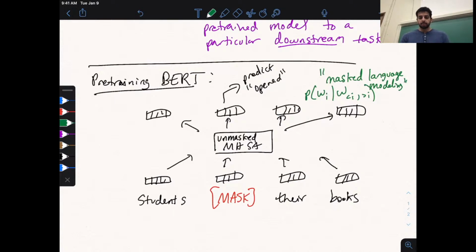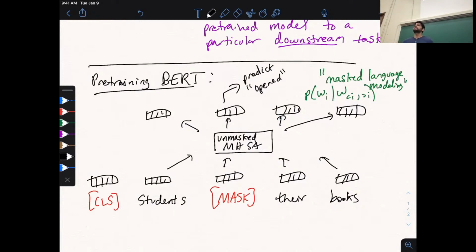Okay, so there's one thing that I have not mentioned so far, which is that in the BERT model itself, the authors introduce a special token at the beginning of every sequence. And they call this the CLS, or classifier token. Actually, let me draw this in a different color, maybe the same one as the mask token, just to emphasize that this is a special word.